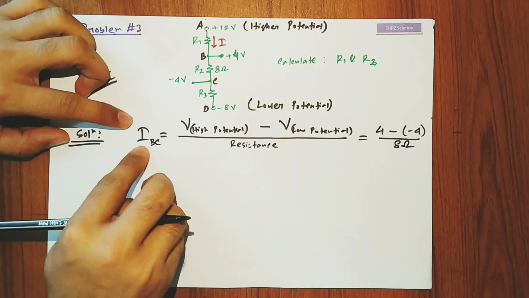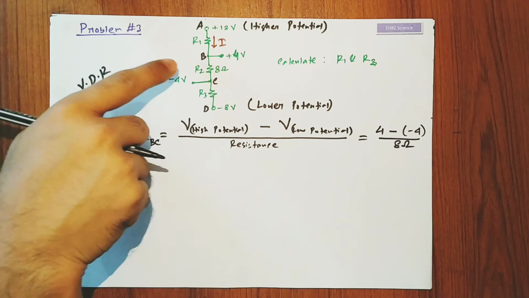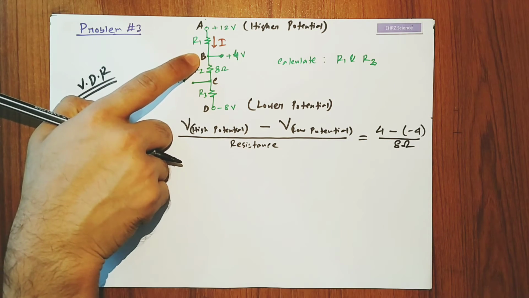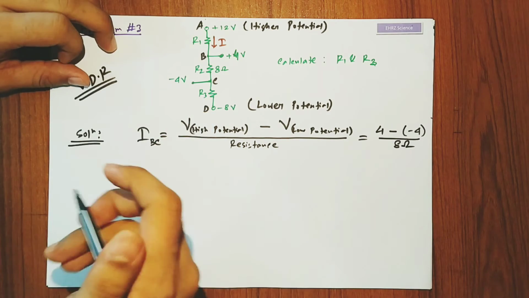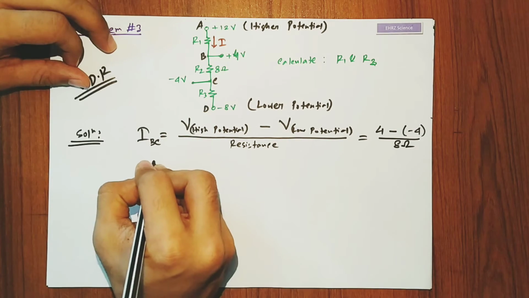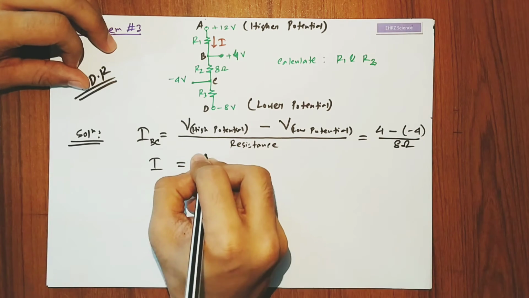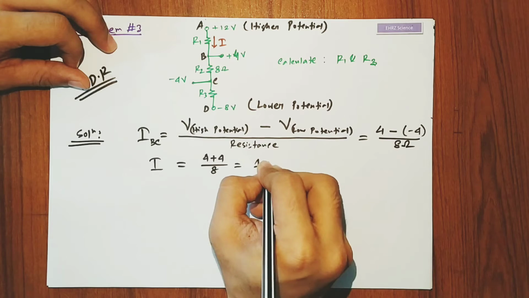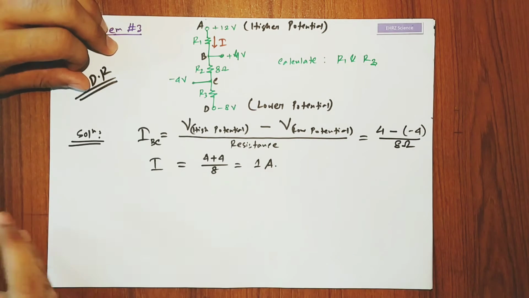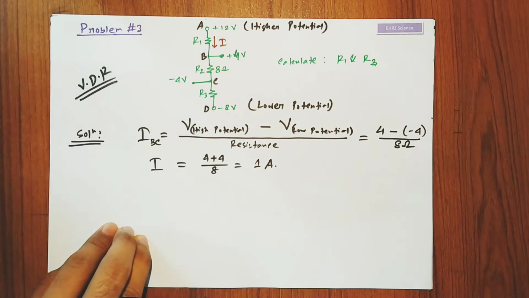Now I_BC is I, because the current flowing in branch BC is also flowing from A to D, so I_BC is none other than I. So 4 plus 4 divided by 8 gives you 1 ampere. So the current flowing from point A to D is 1 ampere.